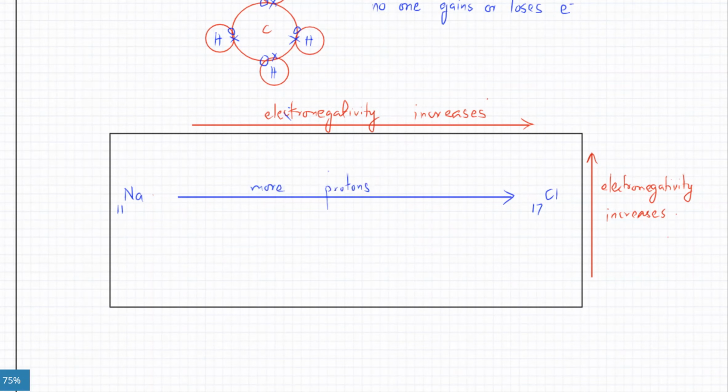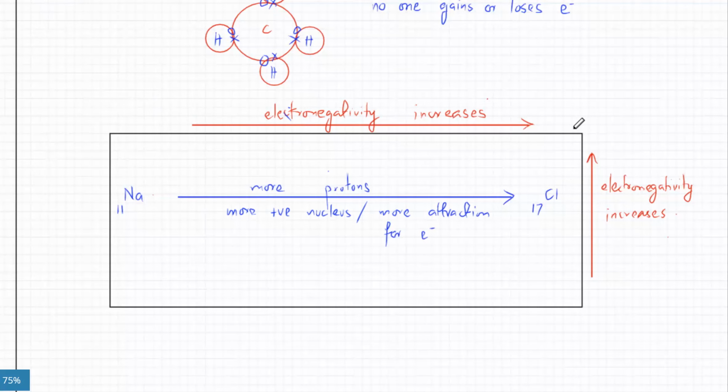So when you move to the right, the protons gradually increase, so you're going to have a more positive nucleus. And when you have a more positive nucleus, there's going to be more attraction for electrons. That kind of makes sense.